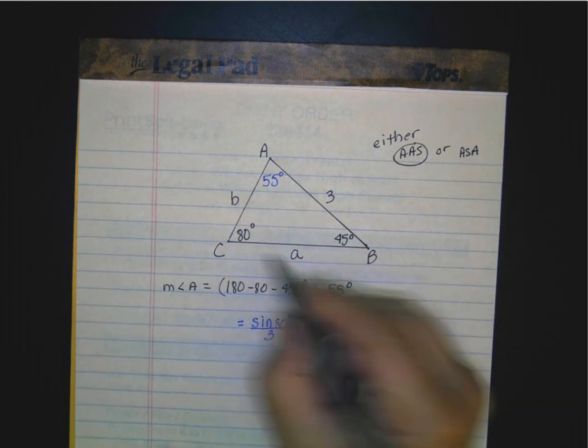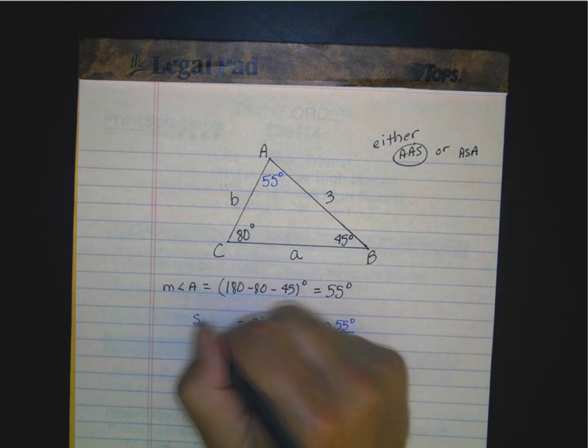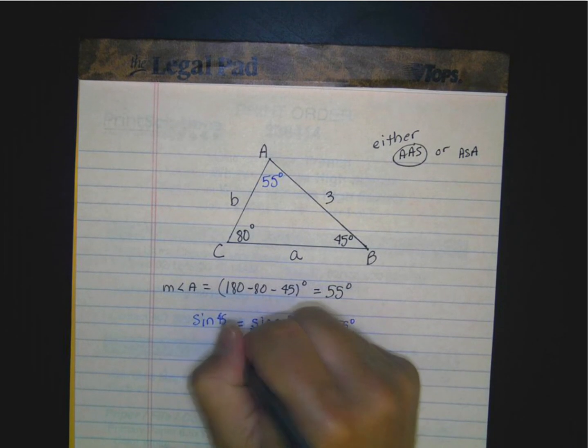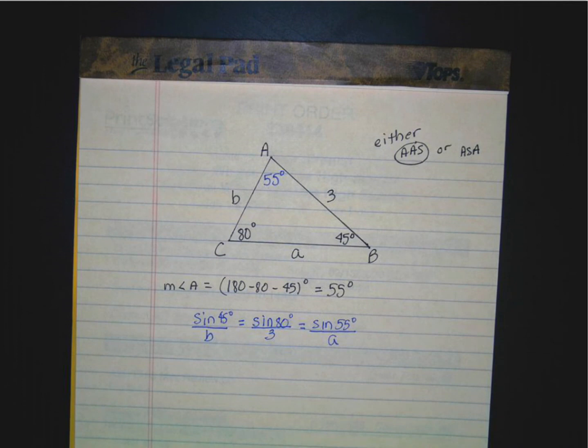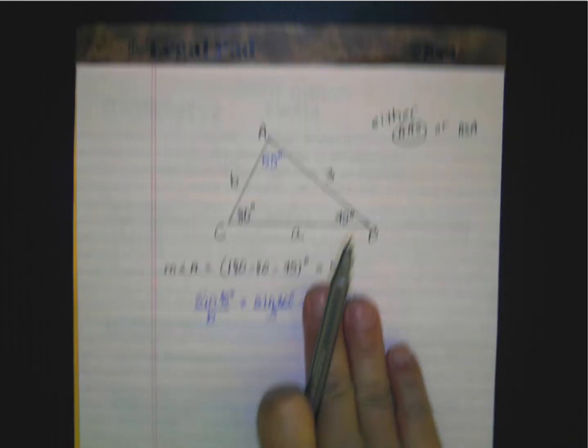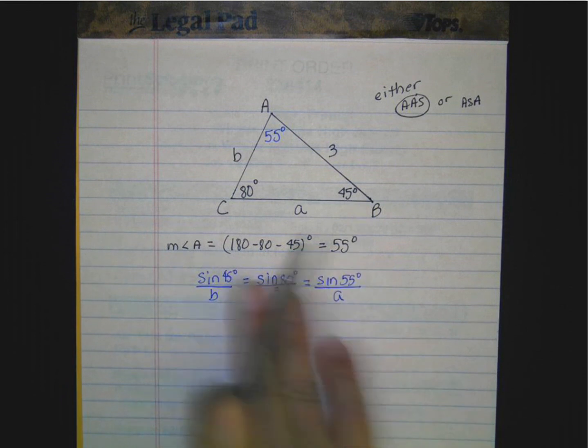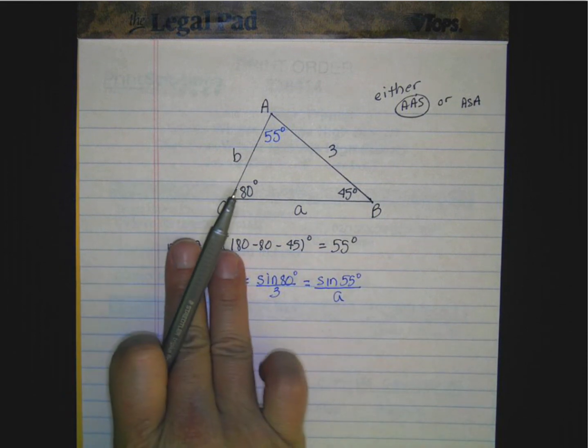And then here, sine of 45 over little b. Then I just solve these separately. So I'm going to solve two proportions. I'm going to solve that proportion, and then I'm going to come over here and solve that proportion.